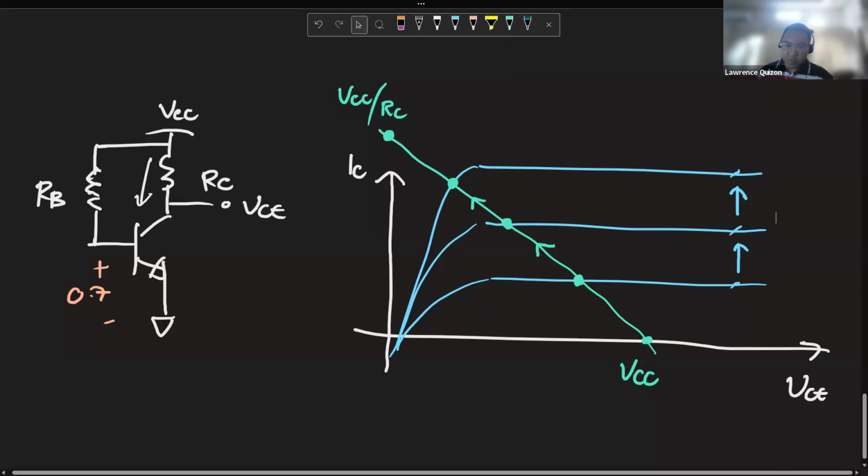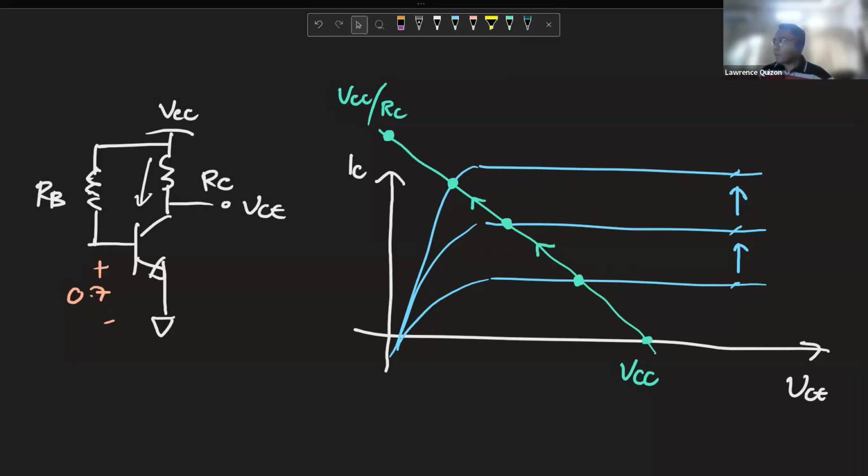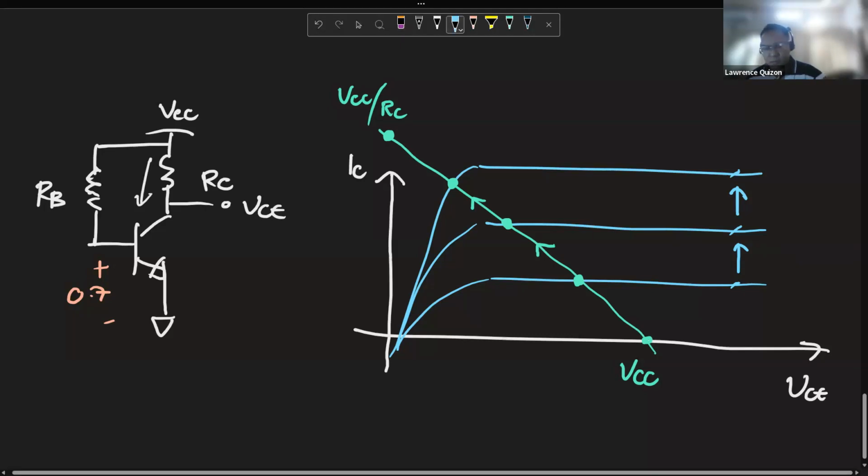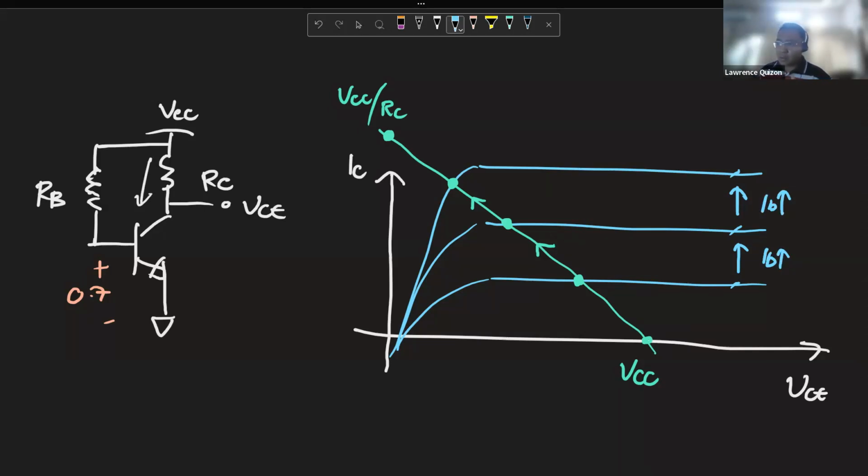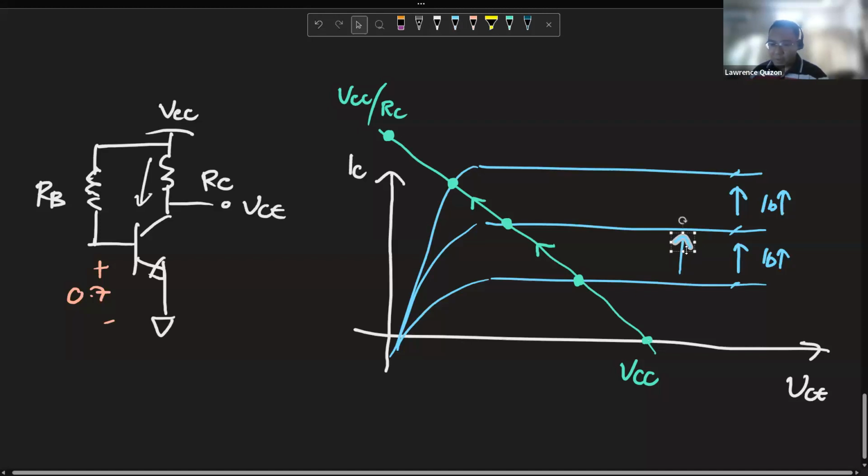Well, one consideration is that IB increases in each of these steps. When we step that up, we step up IB. Why? Because IC is beta times IB in forward active. This is how this graph was introduced to begin with: these are level curves of IB.